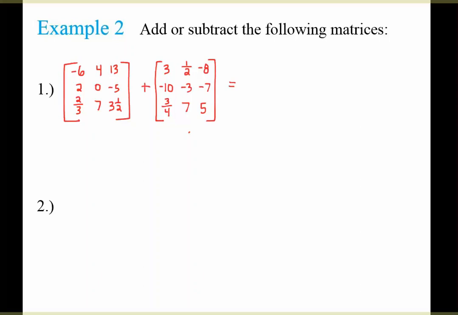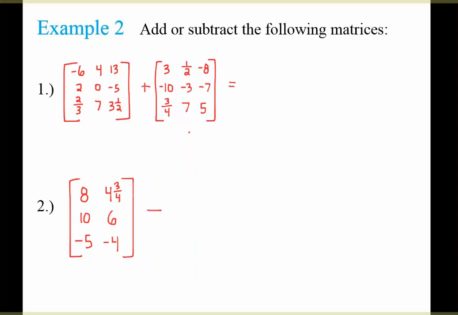Number 2 is going to be a different dimension of a matrix. We're going to have a 3 by 2 with entries 8, 10, -5, 4 3/4, 6, and -4.